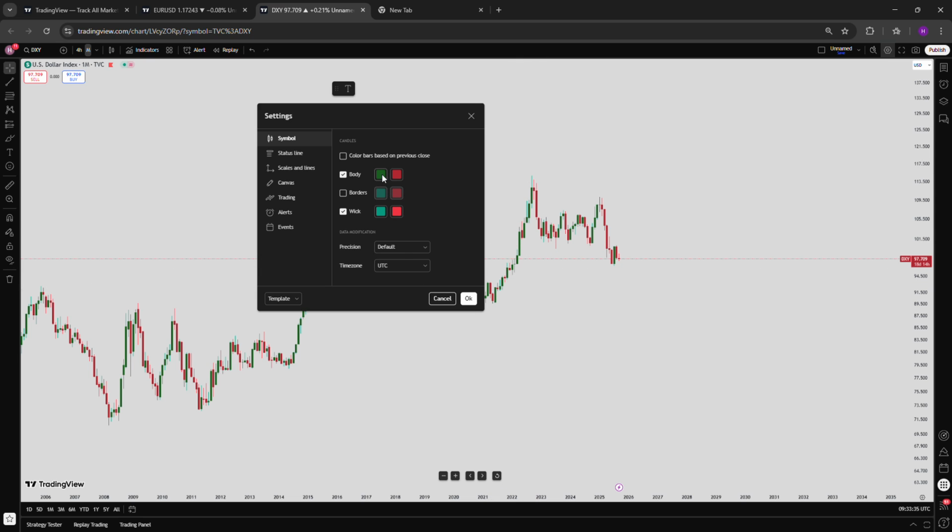You don't want those colors, and say, okay, whenever the market is going up, you want blue, and whenever the market is coming down, you want yellow. Are we together? You can always play around with all of these things, but I prefer mine red, not this red, this is red, and I prefer mine green.